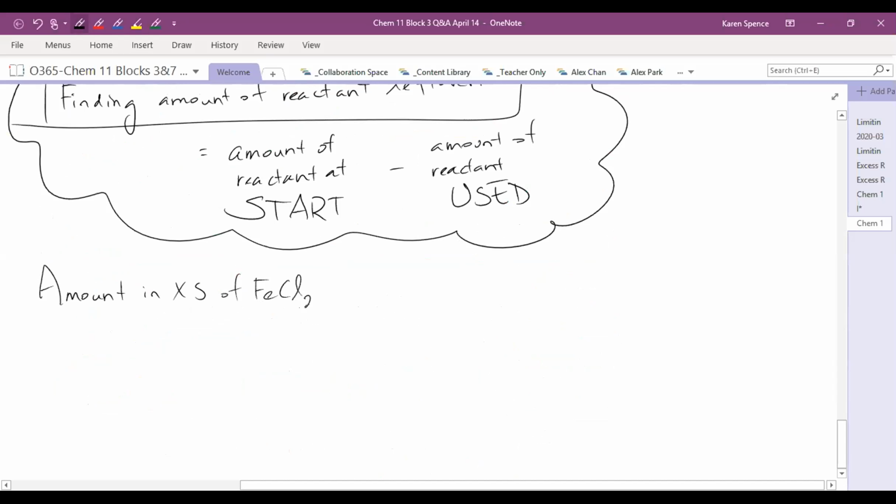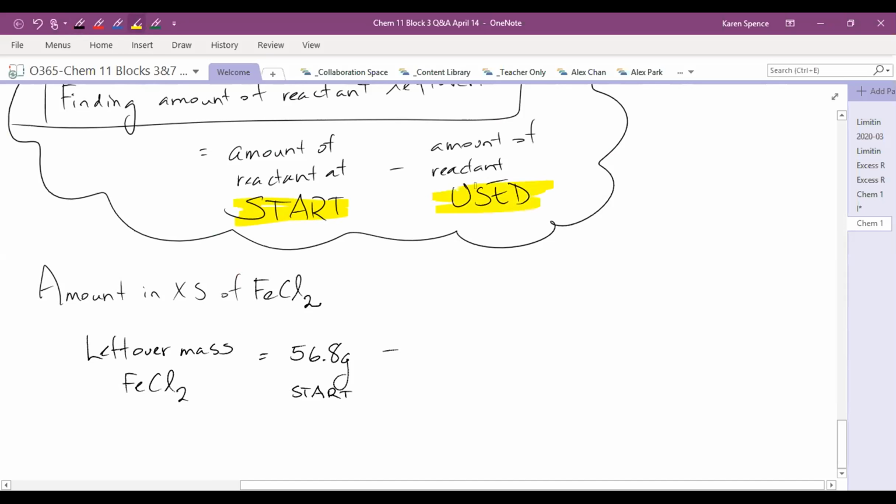FeCl2 is one of them, so we're going to find that. And they asked us for mass here. So the leftover mass of FeCl2 is equal to the mass at the start, which would be given in the question. Okay, and I'm just going to copy it from Hebden, which I have in front of me. That was 56.8 grams that we started with. Now we need to subtract the amount used.